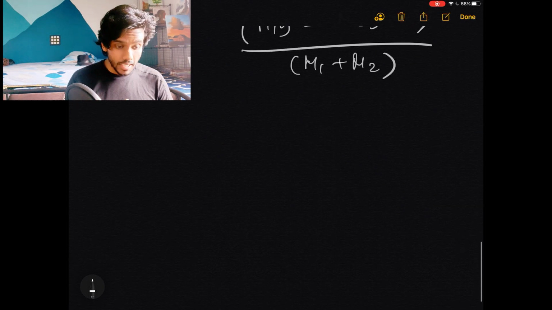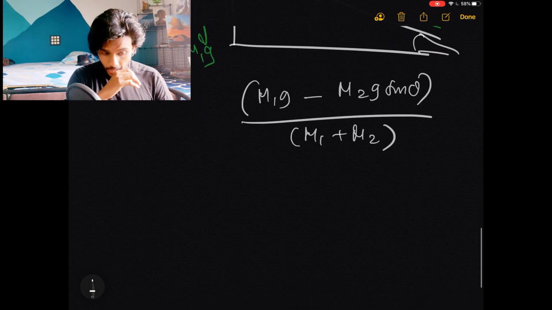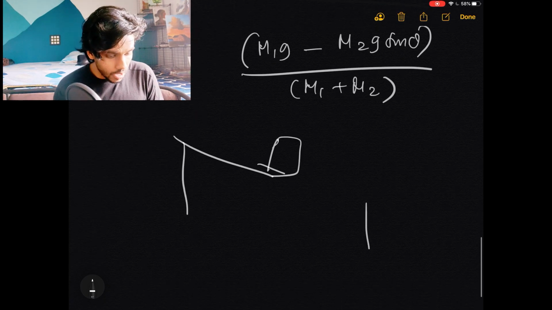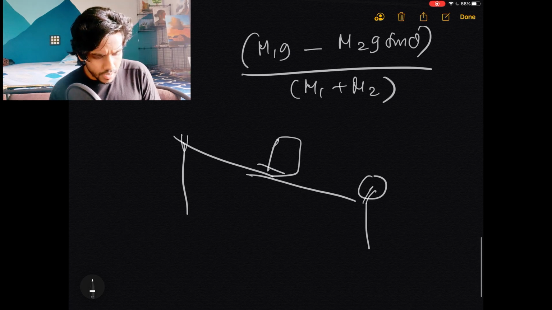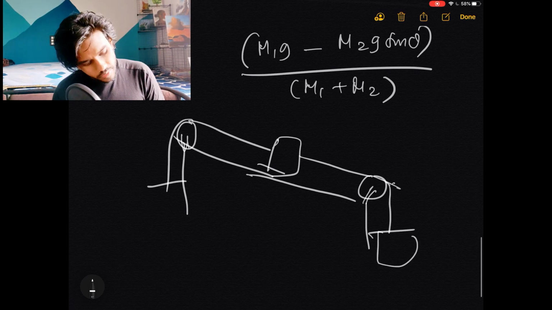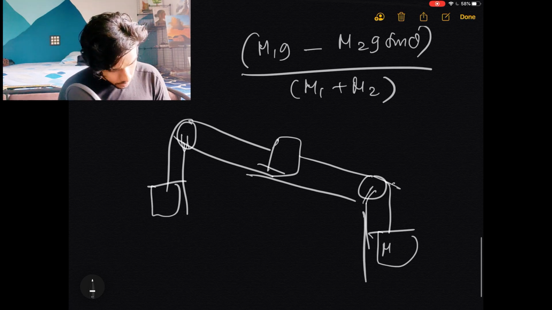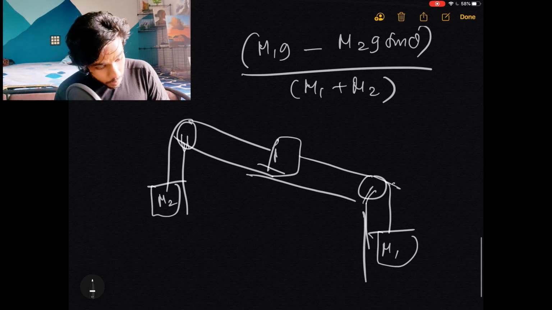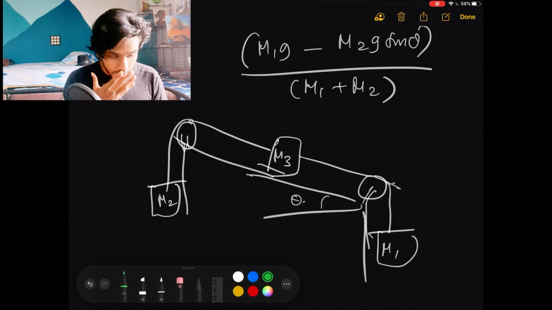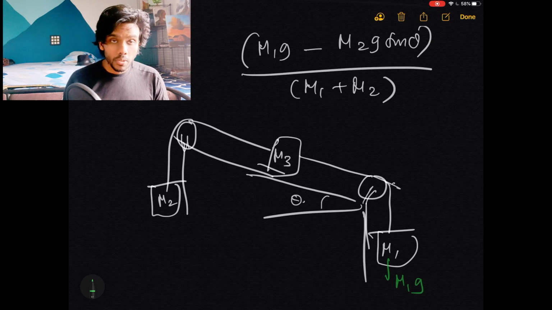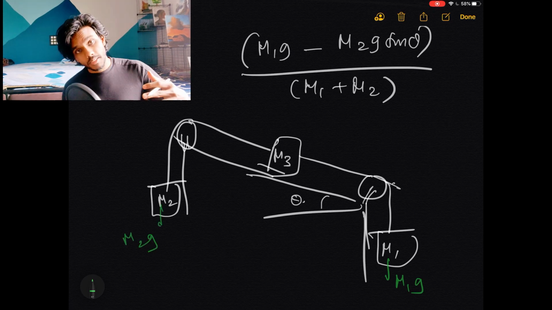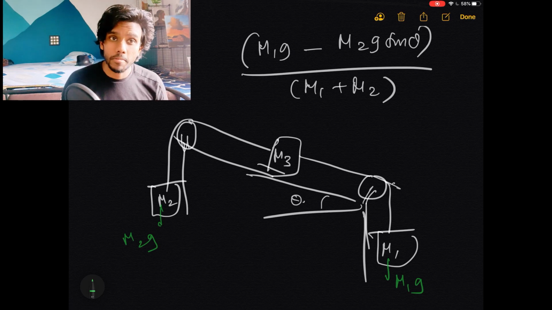You can in fact extend this idea. I hope it is clear. You can extend this idea all the way when you have a 3-block system. This might look a bit difficult, but try to follow me. M1, M2, M3, and the angle is theta. If you are smart enough, you must already know that M1g is trying to drive the system in this direction, M2g is trying to drive the system in this direction, and M3 is not completely being lazy here.